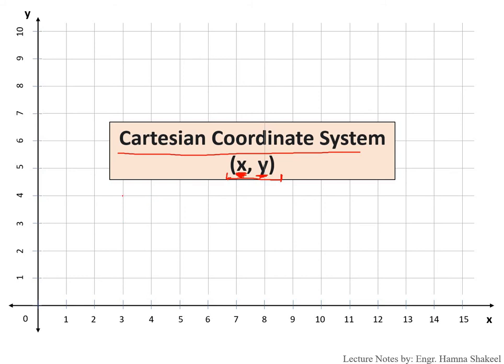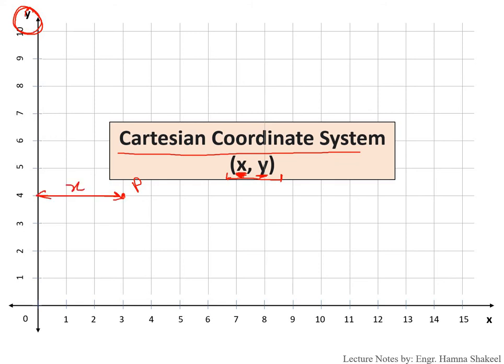For example, if you have a point here, the value of x will be the distance of this point from the vertical reference line. In this case, this y-axis is the vertical reference line, and the horizontal distance between the vertical reference line and point P is the x value.